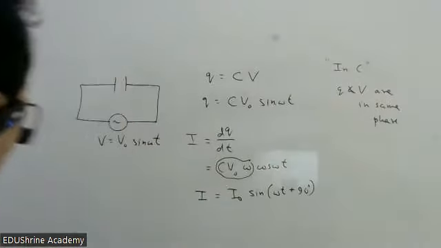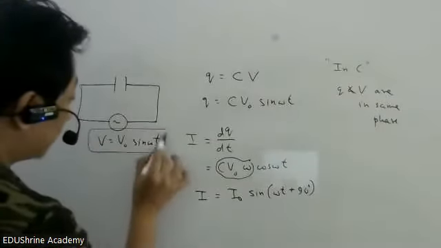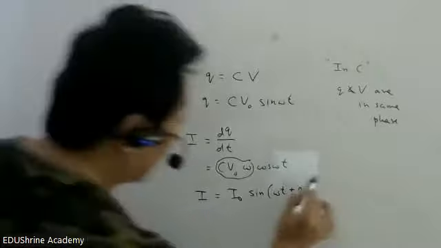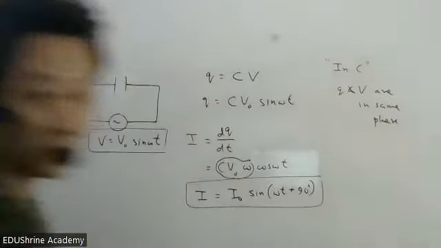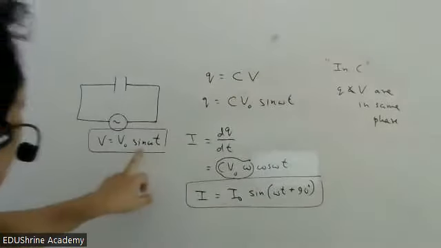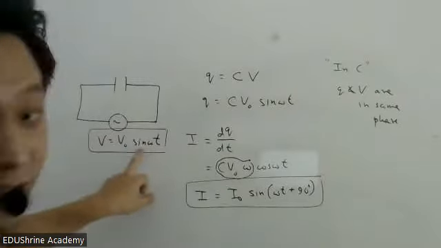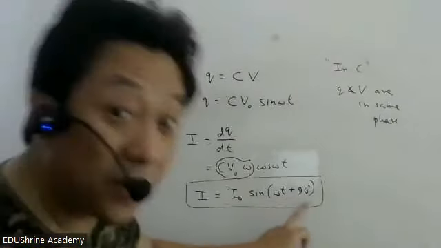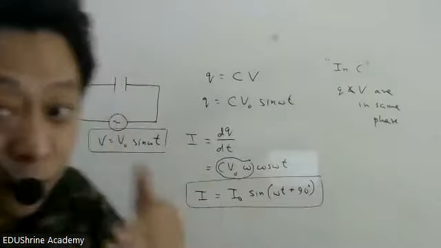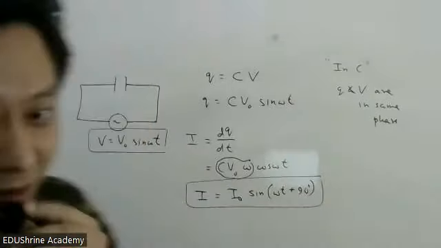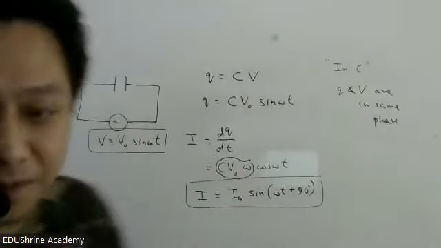Now look carefully. See the voltage formula and current formula. Phase of voltage is omega t with sine. This is omega t plus 90. So who has more phase, current or voltage? Current.